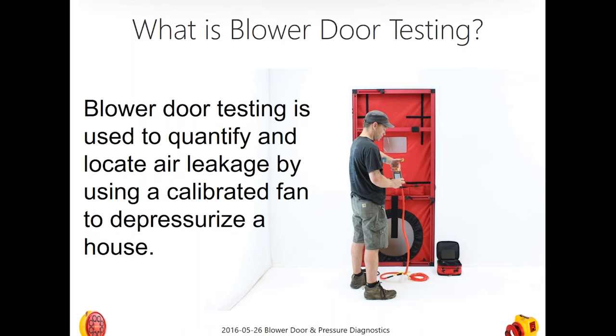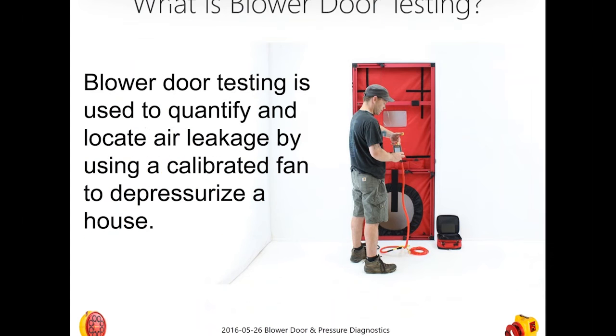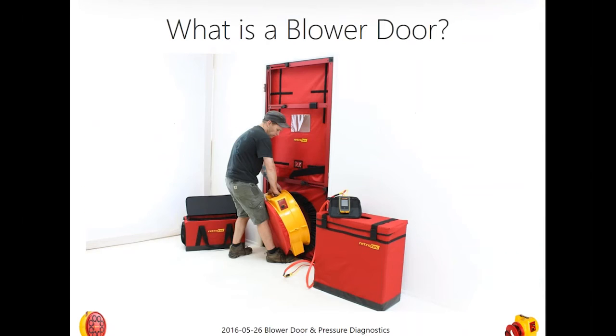Blower door testing is used to quantify and locate air leakage by using a calibrated fan to pressurize a house. Pretty simple. Of course, we test to a specific standard depending on who you are so that we can compare one house to another, and that's when we're testing to quantify. But oftentimes we're testing to locate air leakage or doing quality testing, and then we don't need to.